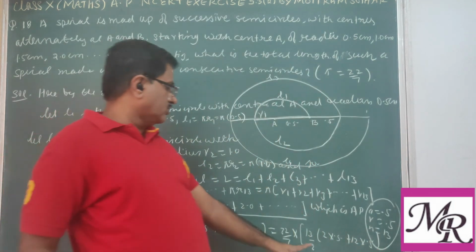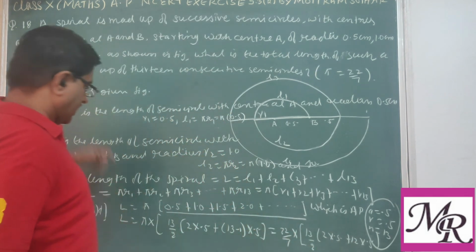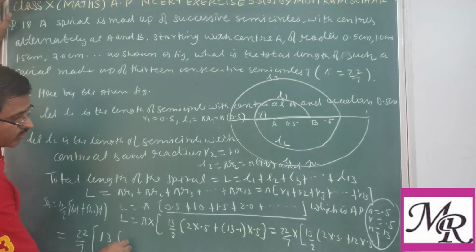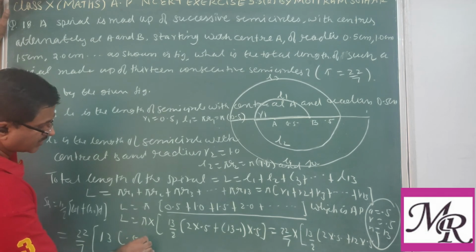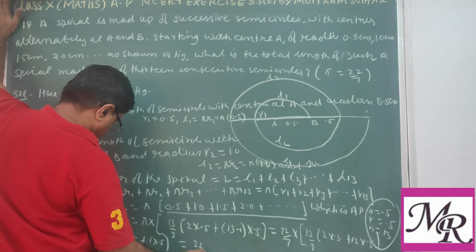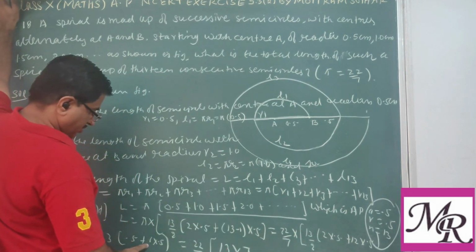Now you can divide by 2 to cancel out to 6. So finally we get 22 by 7 into 13 into 0.5 plus 6 into 0.5. You make the calculation easily and get 13 into 7, 6.5.